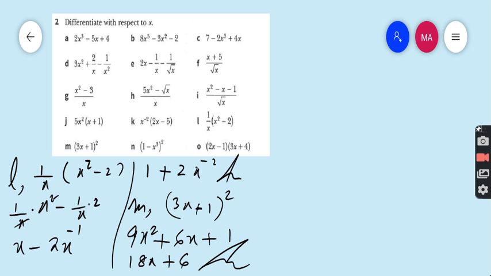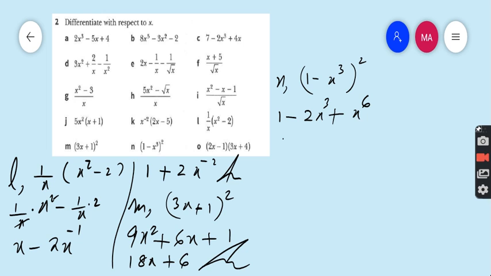Come to part N. Part N is 1 minus x cube, whole square. Again, expand with the help of the formula. a square is 1, minus 2ab, 2 into x cube, plus b square, x to the power 6, because power to the power is always multiplied.